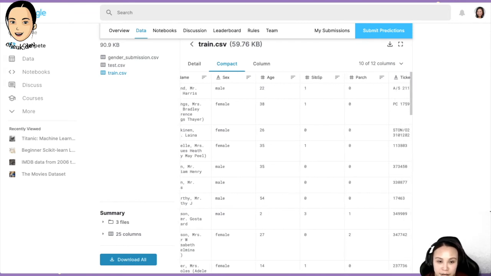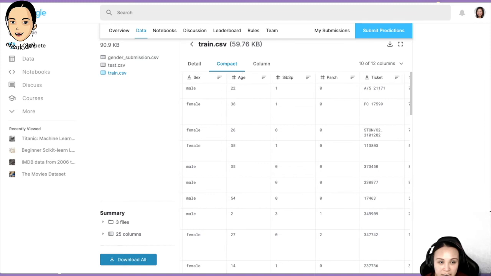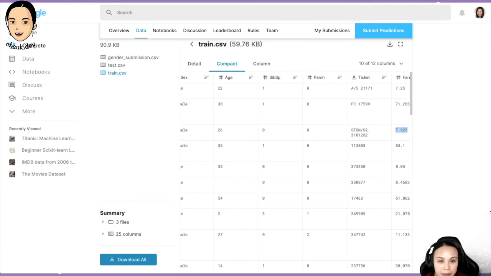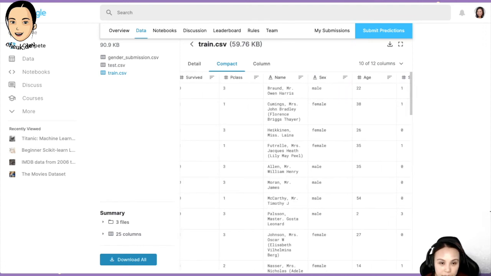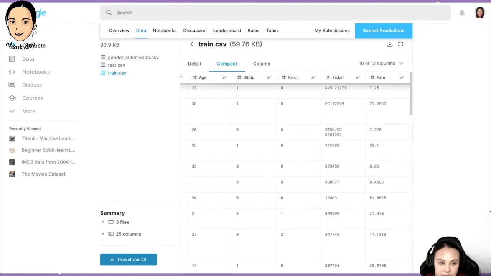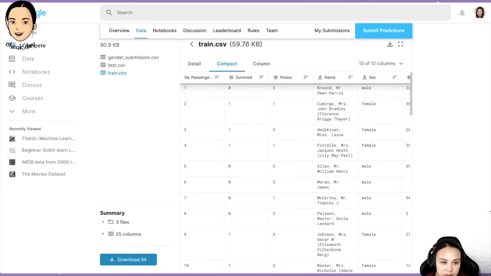There's the gender of the passengers and age, and also what ticket they had, which is like where they're sitting. Some of them are super expensive, so they're first class passengers, and some are cheaper. So it shows which class they're in. This passenger paid about 71 pounds or dollars, which at that time is super expensive because it's a first class passenger.